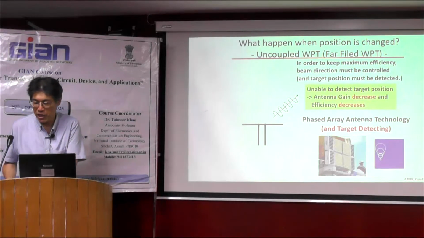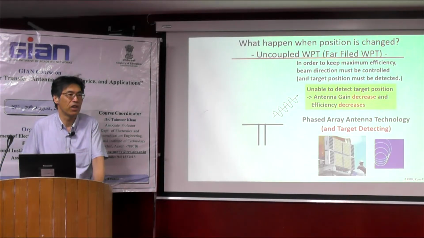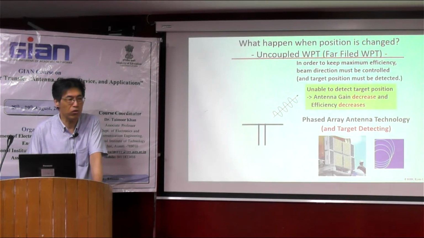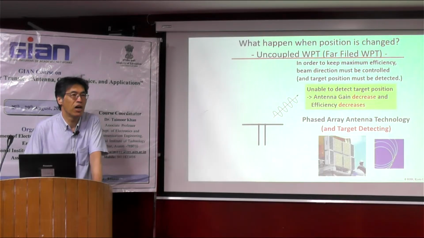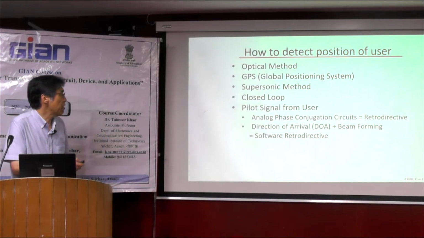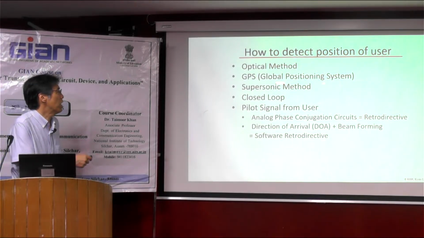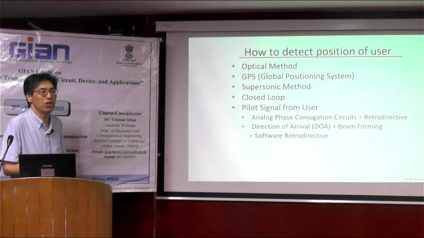There are a lot of target detecting technologies, but mainly I'd like to introduce a special technology for wireless power transfer. These are typical technologies to detect the position of the user. Of course, the optical method is useful.